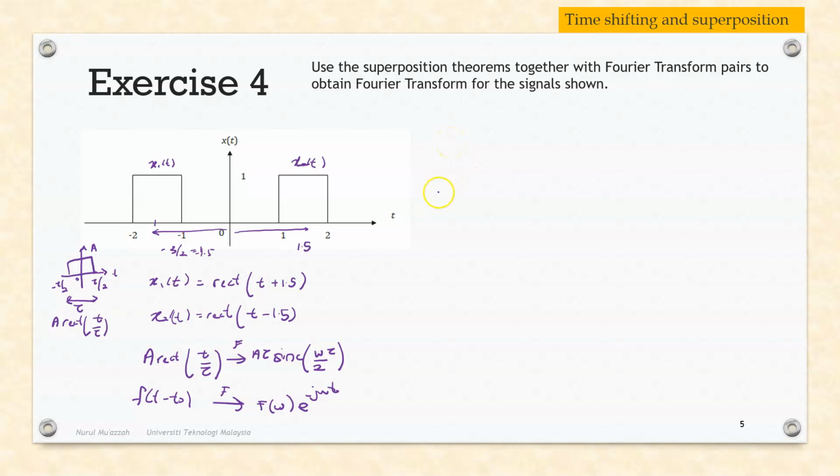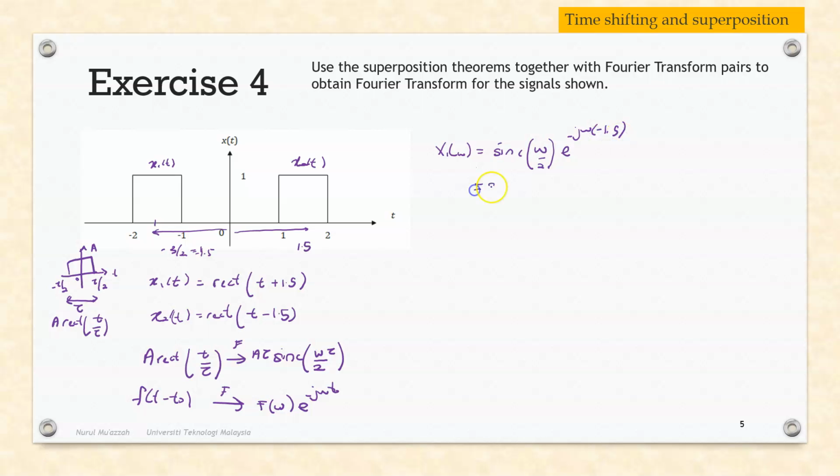Right. So based on this, we can find the Fourier transform for x1(t). So X1(omega) is equal to, for the first case here, A is 1 and tau is 1 as well. So A tau is equal to 1, so you can just put sinc(omega divided by 2) because tau is 1, and then we multiply with this exponent negative j omega t naught, where for x1, t naught is negative 1.5.